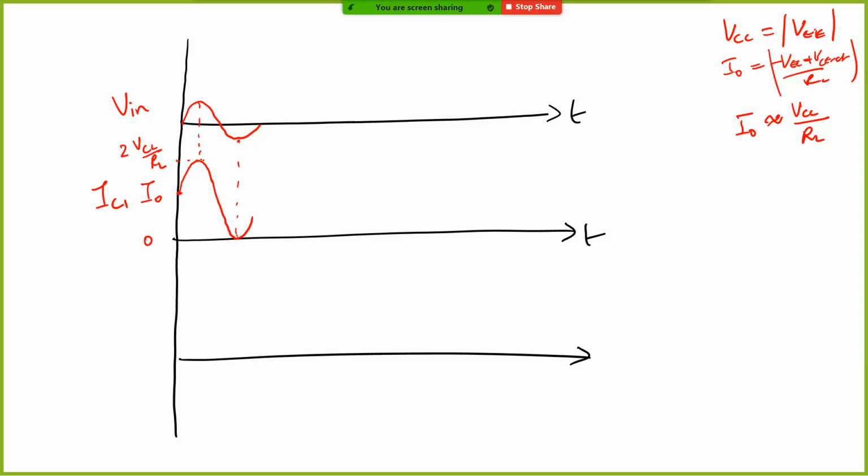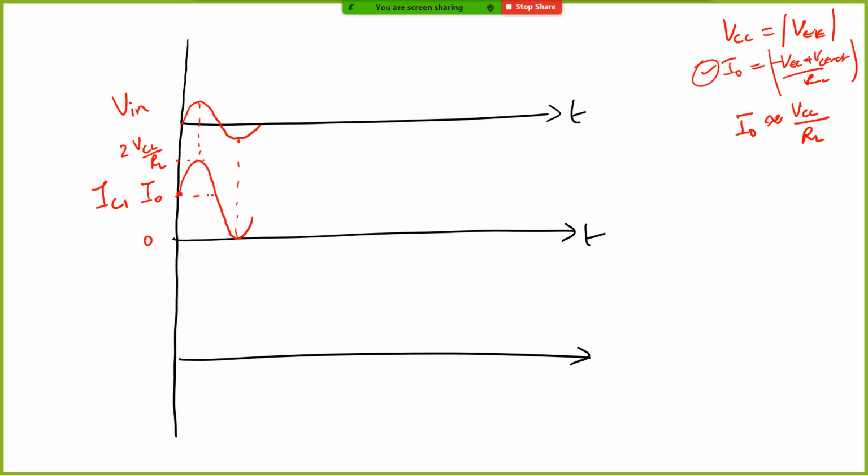We are looking at the extreme, where we are using the amplifier to the max power possible. If your Vout is reaching up to VCC minus VCE sat, the current flowing is approximately 2 times VCC by RL. So it reaches a maximum of 2 times VCC by RL and goes down to 0.